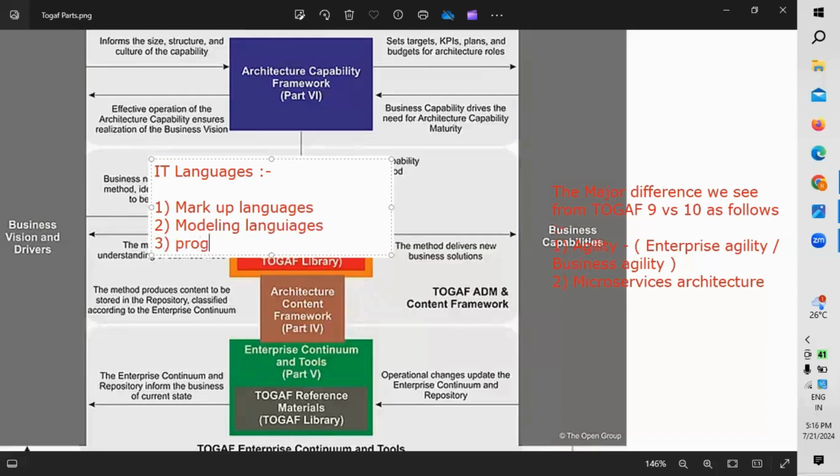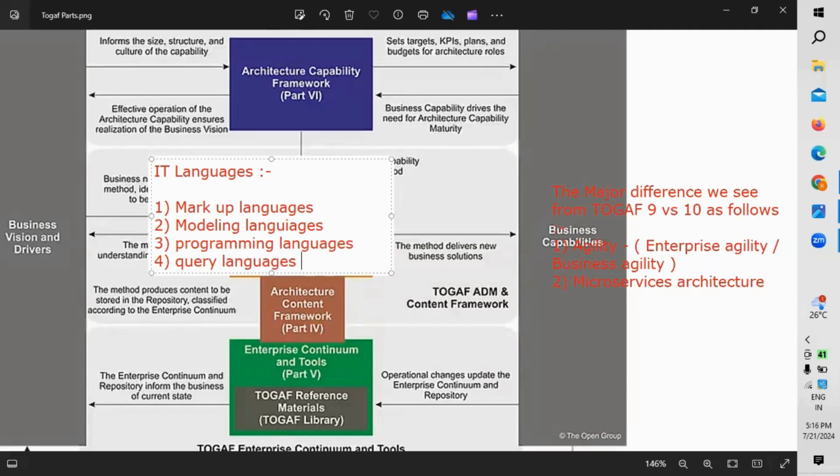Third, programming languages. Fourth, query languages. So there are 4 different areas. One is markup languages. Second, modeling languages. Third, programming languages. Fourth, query languages. What is a markup language?